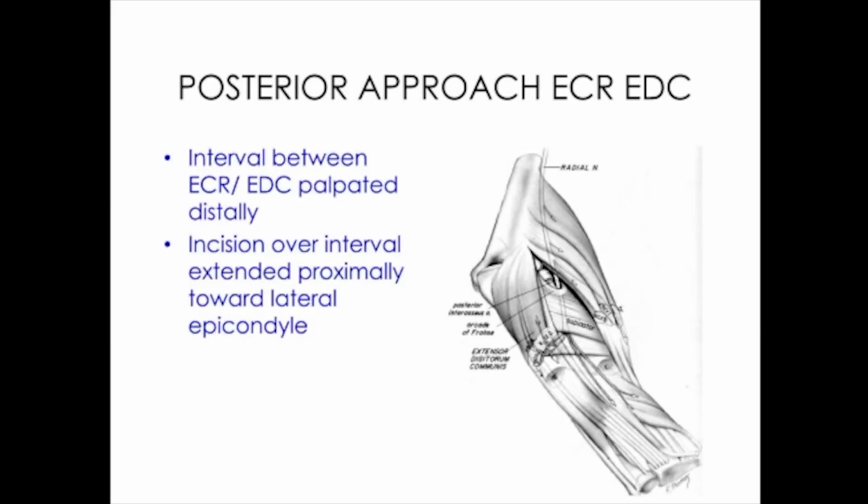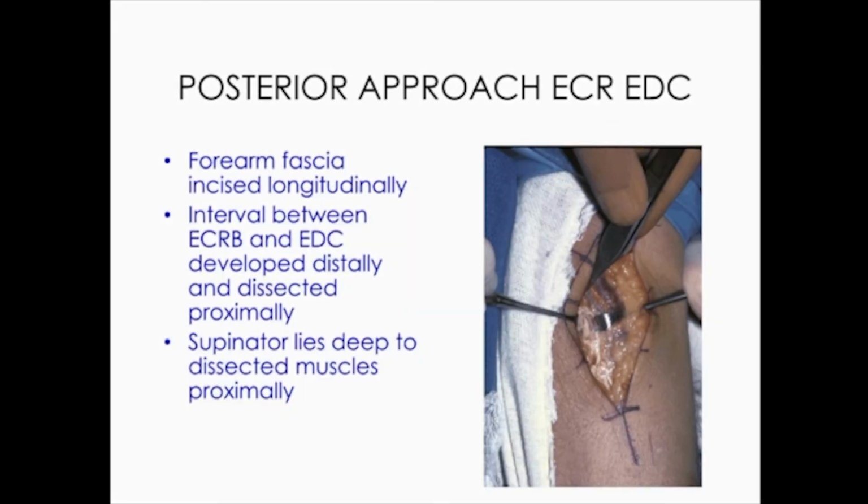So the first posterior approach is through the ECRB-EDC interval, and it's easiest to identify that interval distally and then work proximally. So your incision starts distally and then extends proximally toward the lateral epicondyle. The forearm fascia is incised longitudinally.